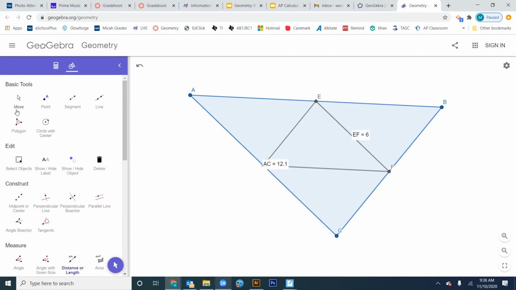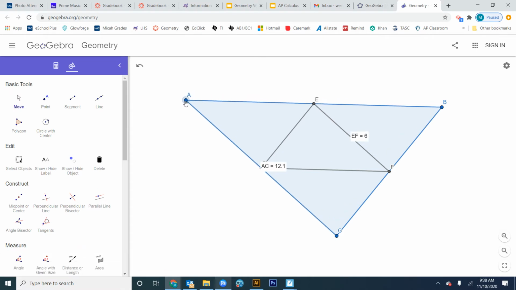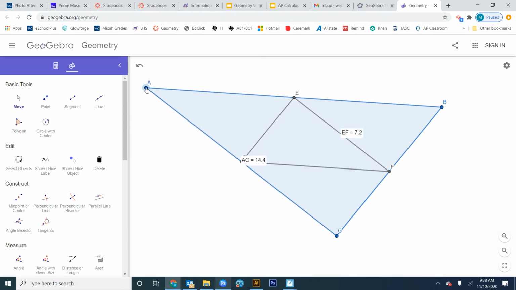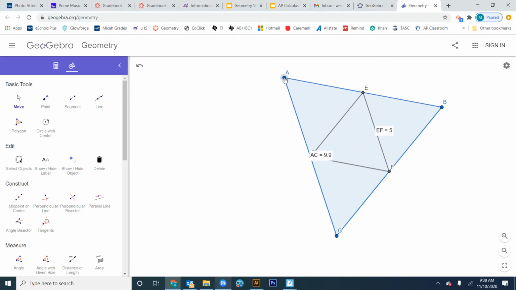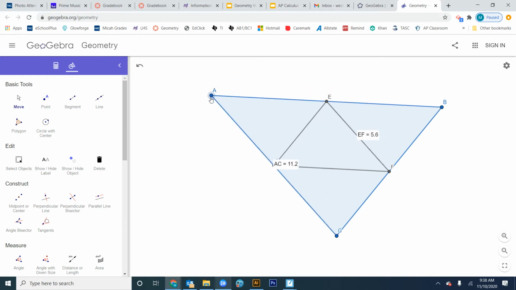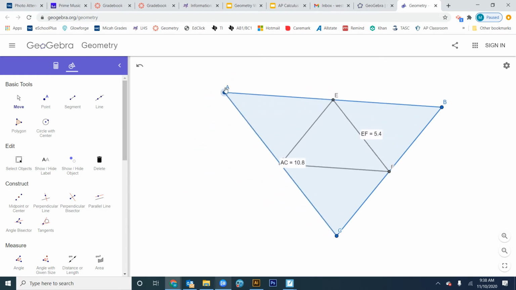Now they're going to have some rounding error, but as I move this, what do you notice? The midsegment is half. Do you see it? Okay, the midsegment, no matter how I move this, is half.